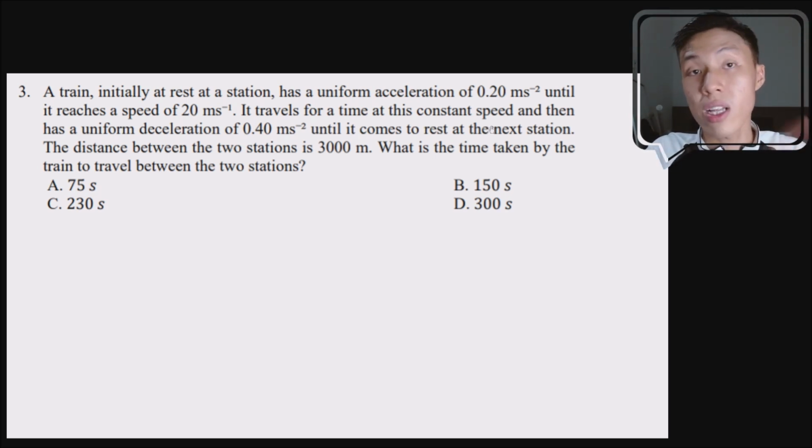So the final speed after the third and final section of the journey should be 0 meter per second. The distance between the 2 stations is 3000 meter, and we are asked to find the time taken by the train to travel between the 2 stations.